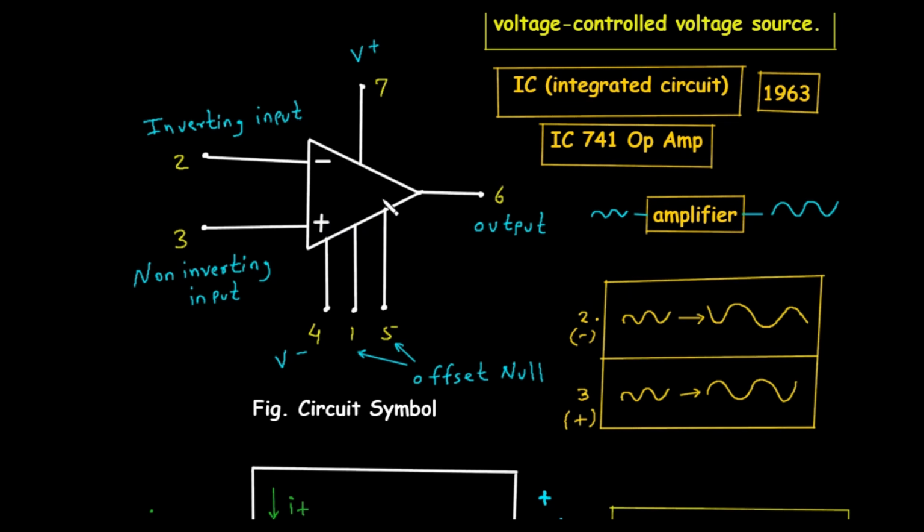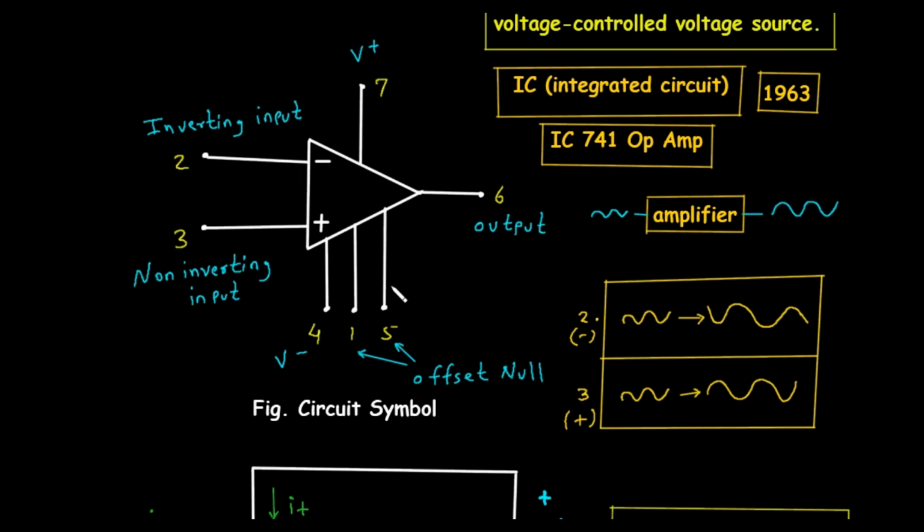Then next is the output. The single output is at the pointed end. So here this is the triangle, this is the flat surface, and this is the pointed end. So at this end we get the output. Then next, here we can see this is pin number 7 and this is pin number 4.